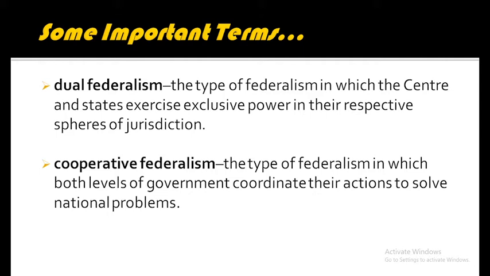On the other hand, in the case of cooperative federalism, both levels of government, that is, the center and states, coordinate or cooperate their actions to solve national problems. The state and the center do not work as a separate entity, but they work together as one, and wherever possible, they will help out each other, they will reach out to each other, and they will jointly try to solve those national problems.